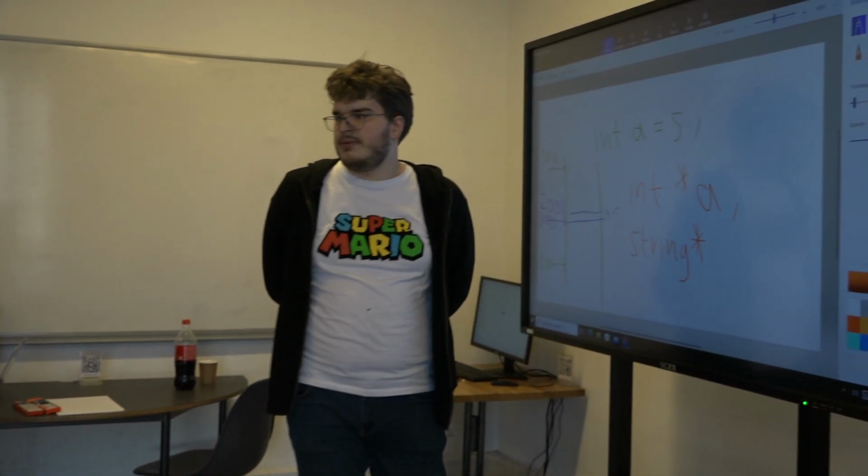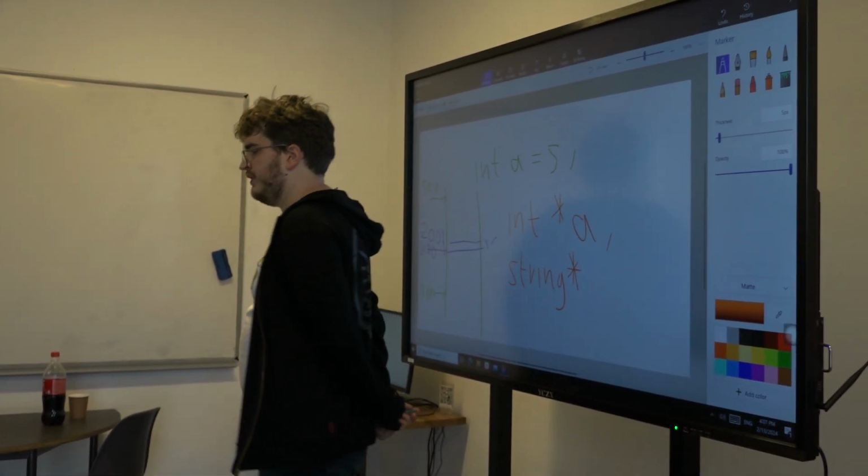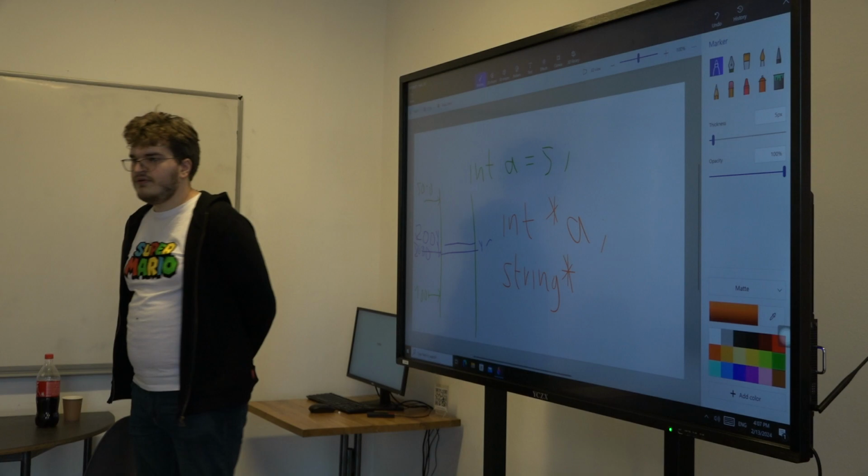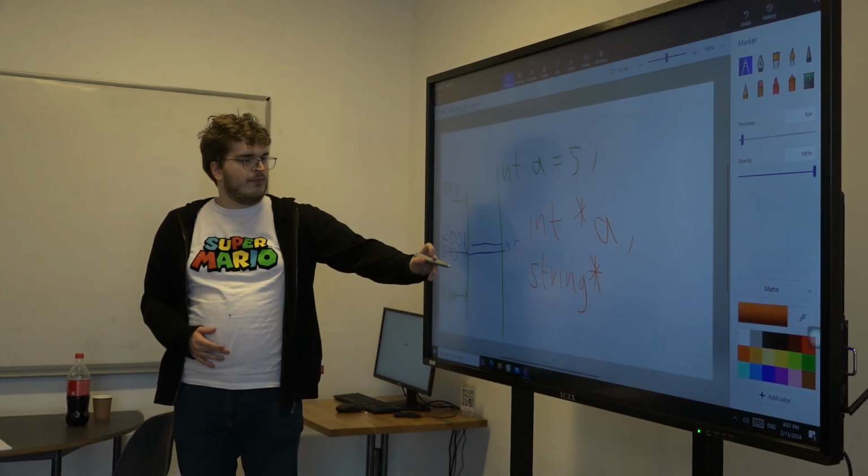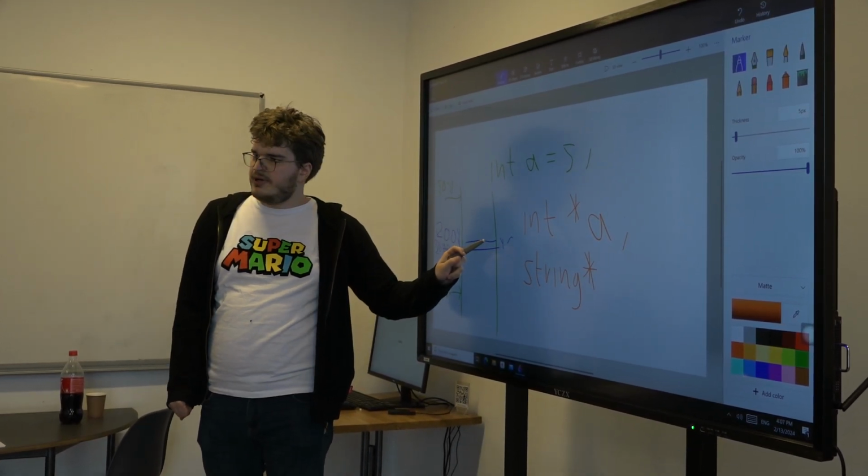So if you ever have more than 4 gigabytes of operating memory, and I'm pretty sure that all computers in this room have more than 4 gigabytes, you need to have a 64-bit operating system. Because remember, a pointer just points to a location in memory.